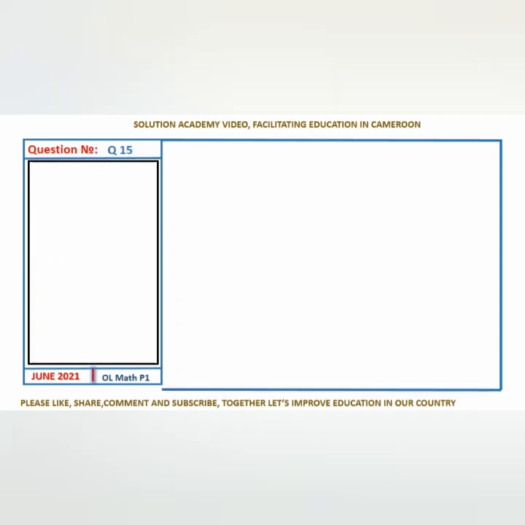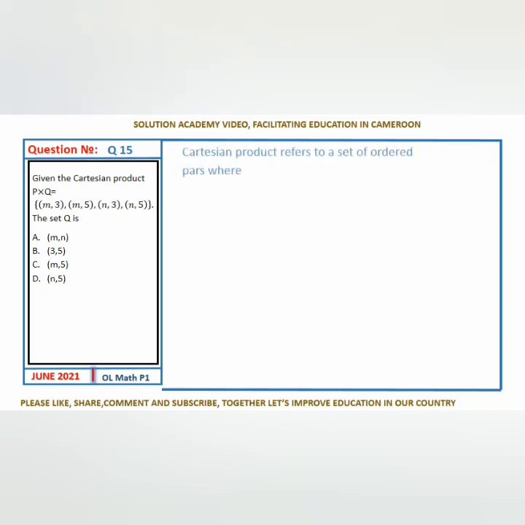Question number 15. Given the Cartesian product P cross Q equals M3, M5, N3, N5, the set Q is. This is a very simple question, but you have to be careful. First of all, you have to know that the Cartesian product refers to a set of ordered pairs.